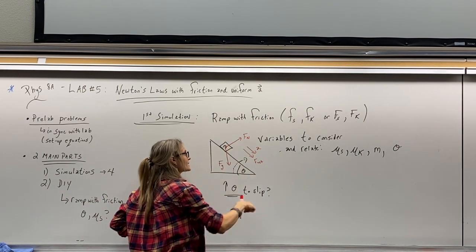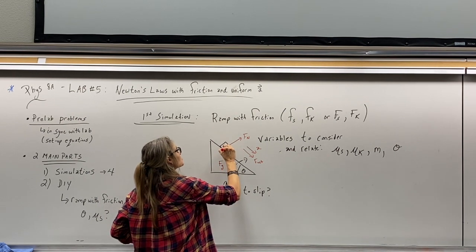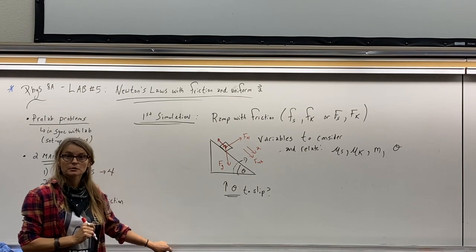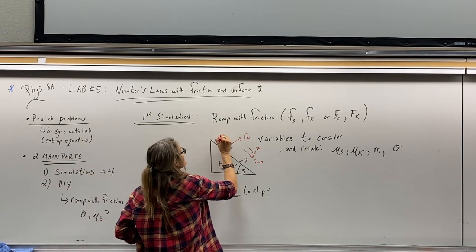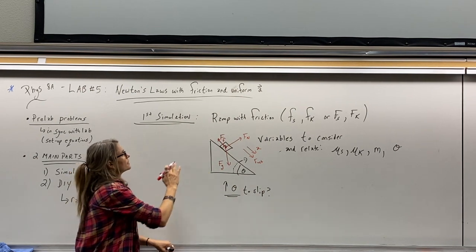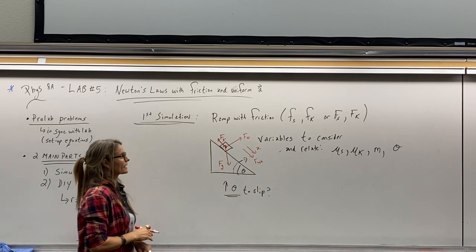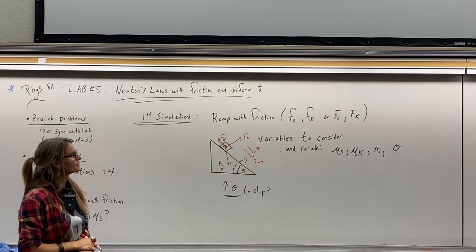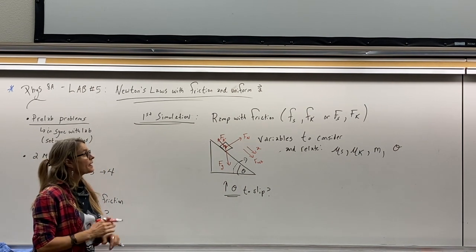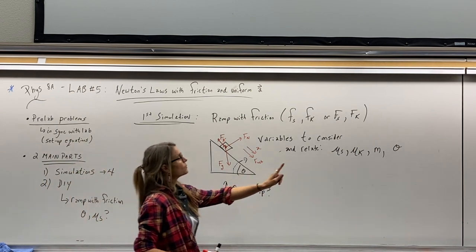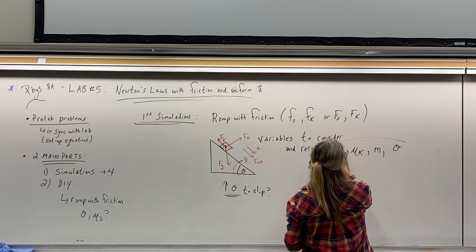So if it's already accelerating down, then we know the friction will be kinetic and opposing the motion which the object would take. So f, little f, Fk for kinetic friction. Those are all the different forces acting on the mass, and this will allow me to develop the equations of motion to see what roles these variables play.